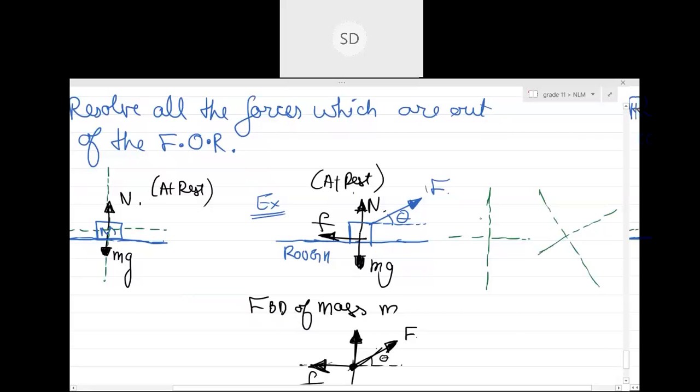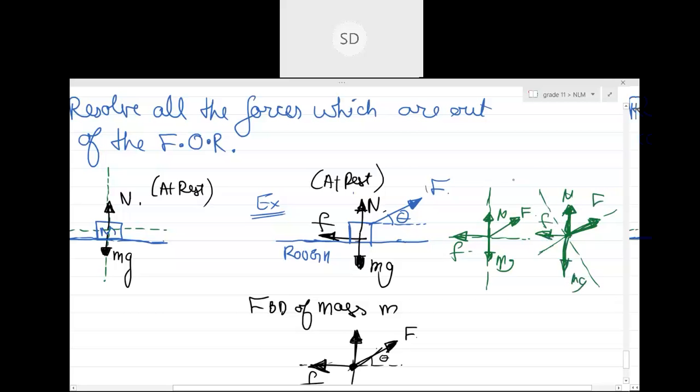When I choose a frame of reference like this, normal reaction will lie inside the frame, mg will lie inside the frame, friction will lie inside the frame, but capital F will lie outside. When I choose the second frame, capital F will lie inside, N will lie outside. N is not lying on the axis. That's why we can say N is lying outside. Mg is outside, and F is also outside.